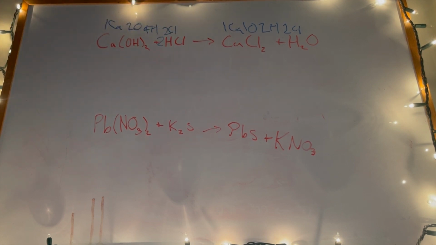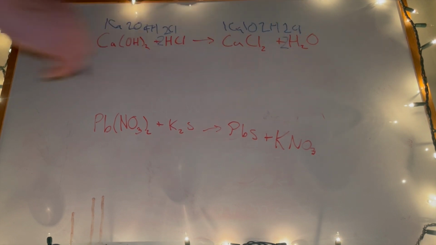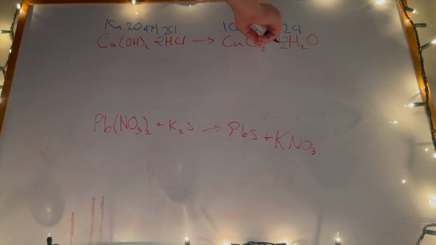Then on the other side, we're going to need to change 1 more of the molecules to even out the equation. So we're going to give the water molecule a coefficient of 2, and that would give us 4 hydrogen, 2 oxygen, 1 Ca, and 2 Cl, and that is a fully balanced equation.